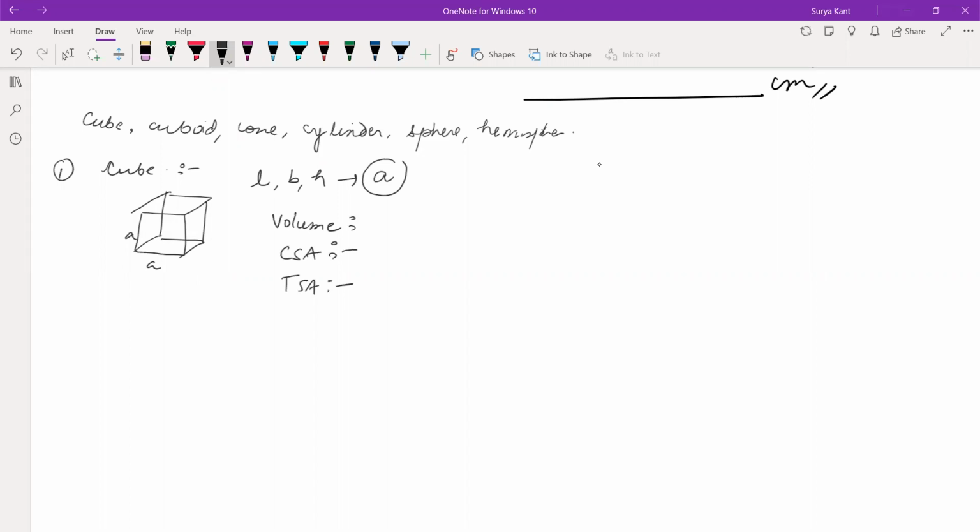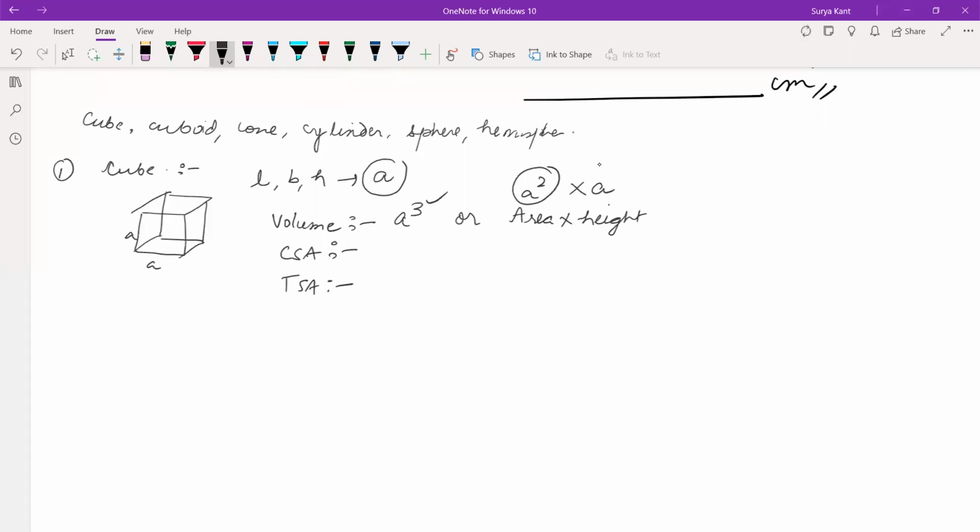Volume of a cube is A to the power 3, or we can say area into height. The area of the base is A square, and if you multiply by height, that is A, you will get A to the power 3.